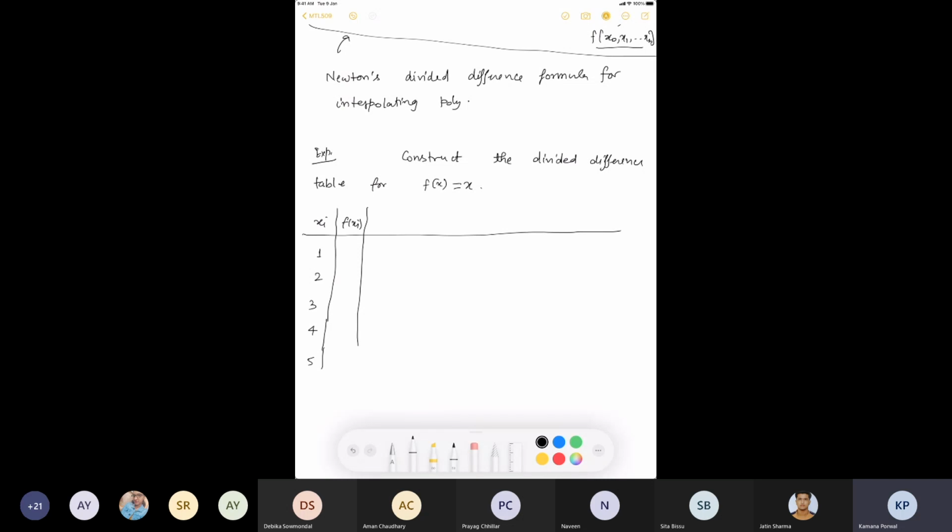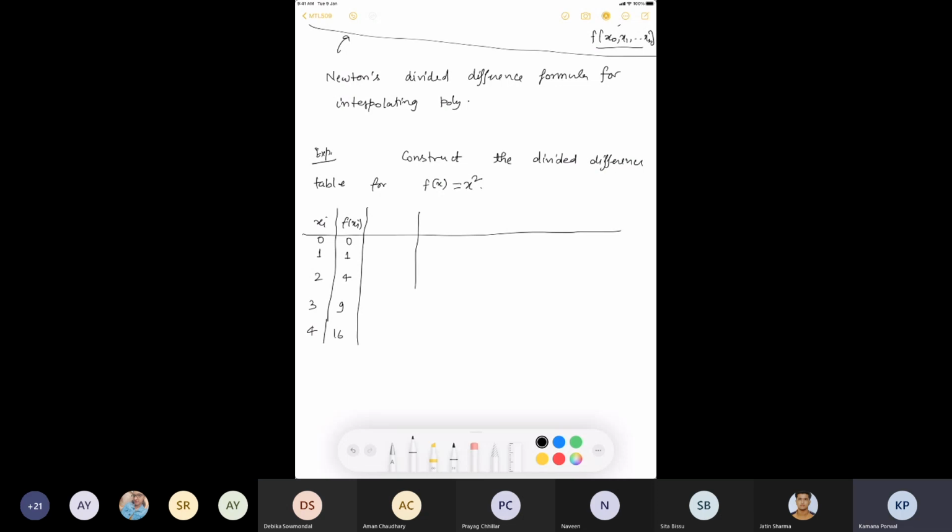Let me take x squared, and let me go up to 4. So let me start with 0. So I will have 0 and then 1, 4, 9, 16, right?